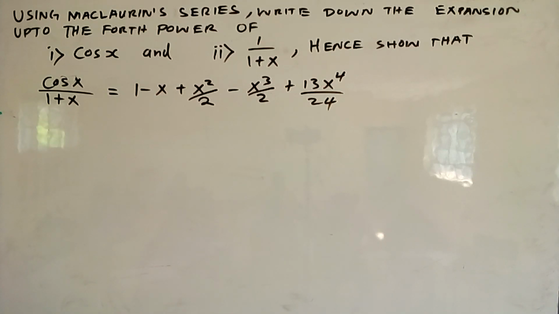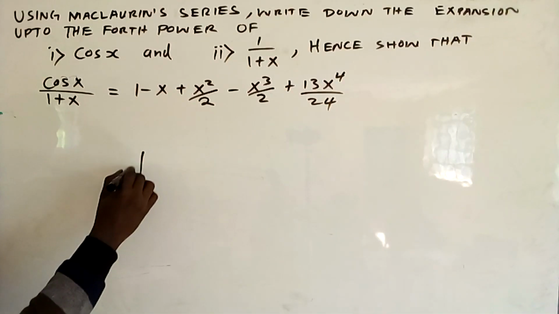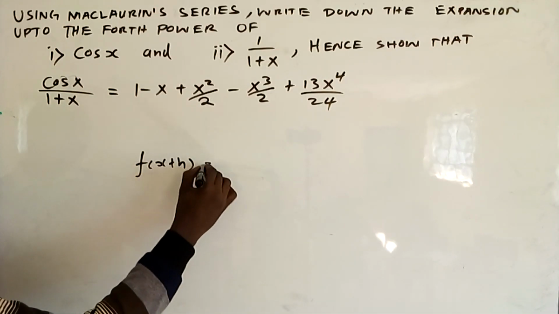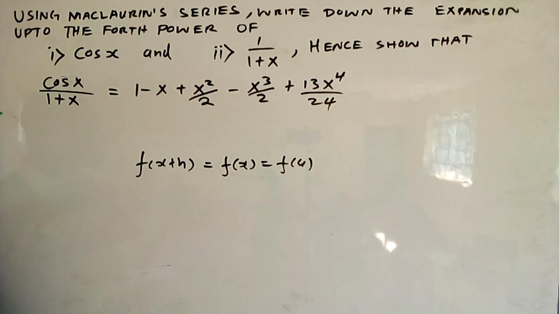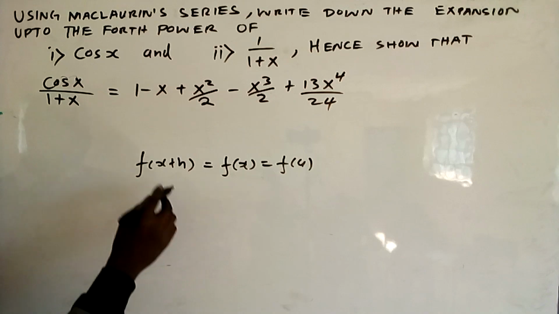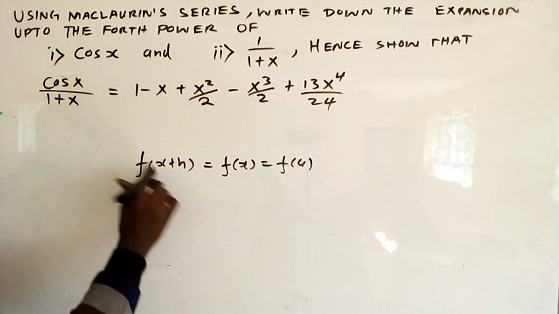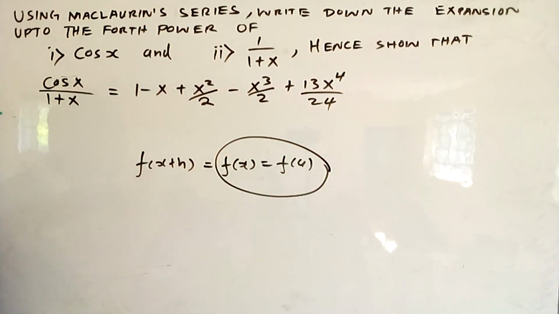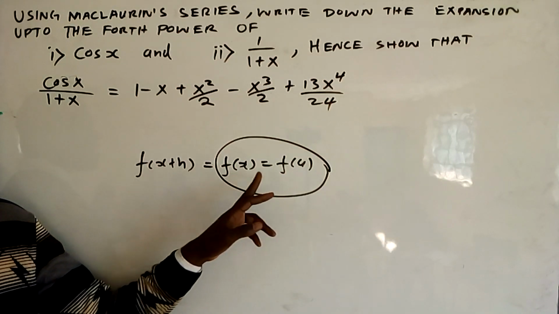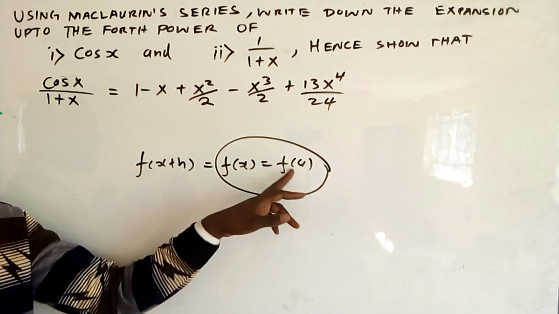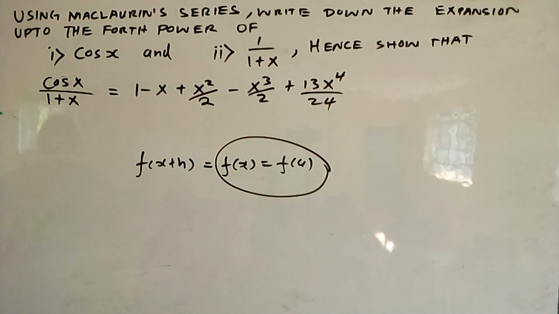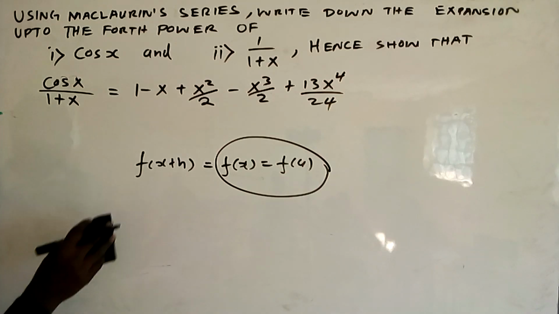To get the Maclaurin series, you start with the Taylor series expansion in x minus a. Remember, we start with f of x plus h equal to f of x. In Maclaurin series, you take a to be equal to 0.